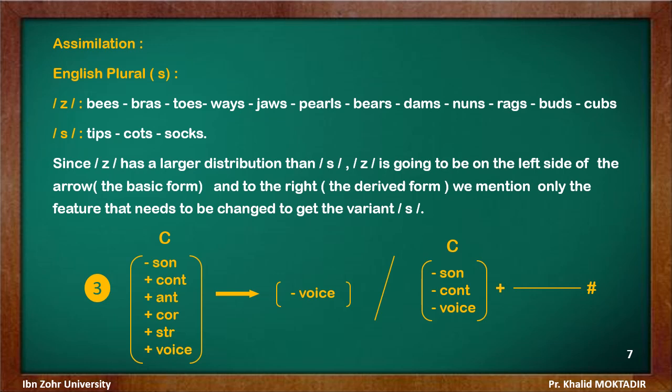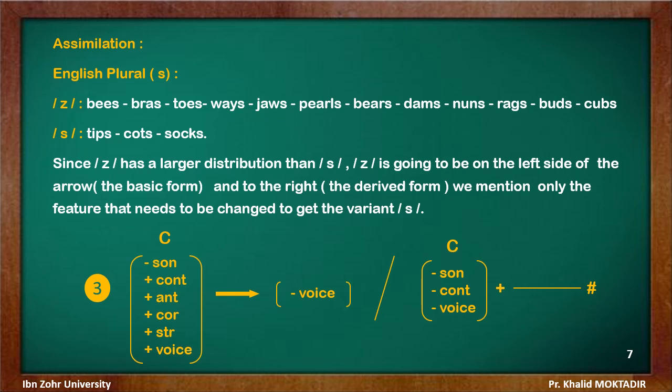And of course, this happens in a specific context. This happens when the last sound of a noun is voiceless, right? So the consonant feature matrix here represents the last sound in the word.